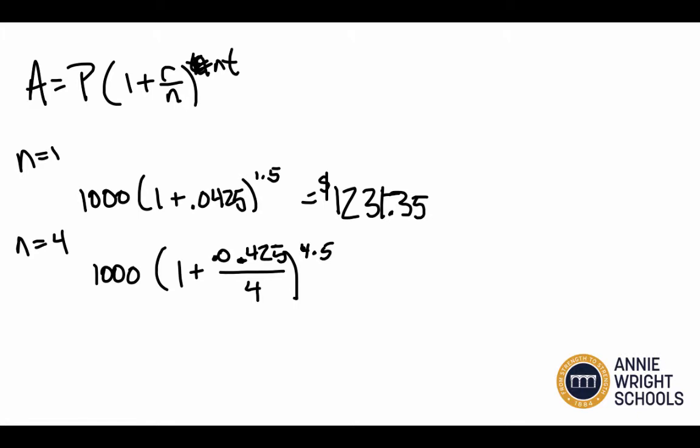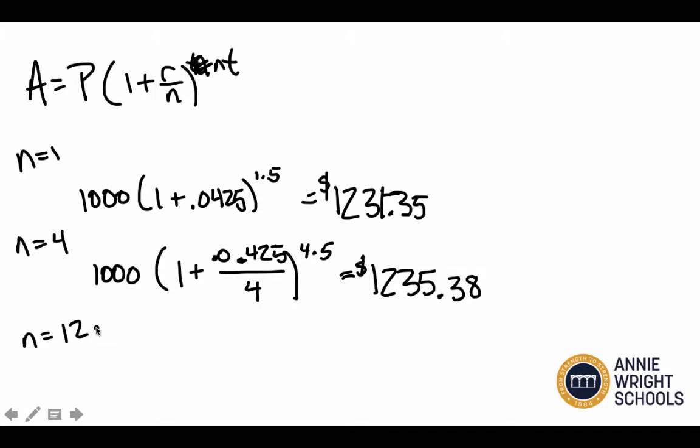I'm entering things in, and I get $1,235.38. So look, it was better, almost a little over $4 better to go quarterly. If we did 12 monthly.